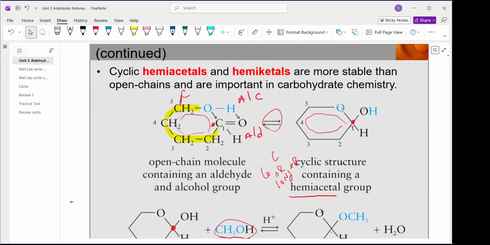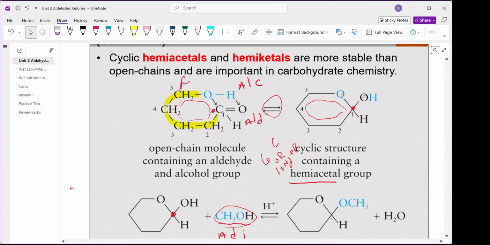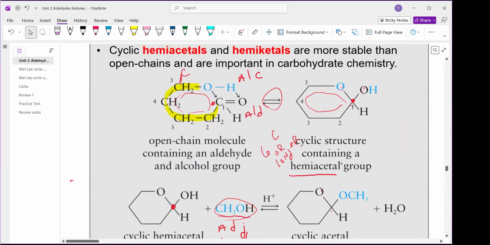It's just that everything's contained within the single molecule. We still got an anomeric carbon right here where the C is where the O is attached to the C.